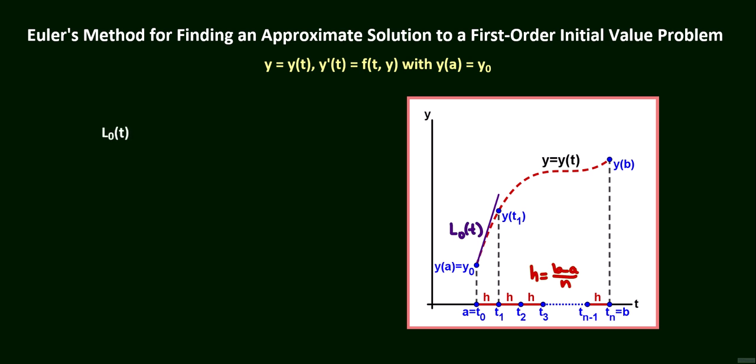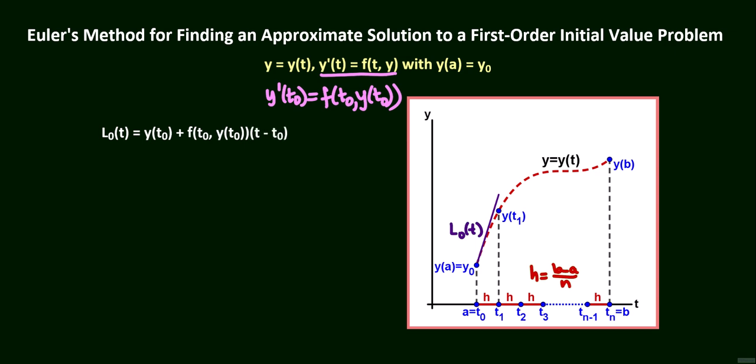L sub 0 of t is equal to y of t sub 0 plus the slope of the tangent line. The slope of the tangent line is y prime evaluated at t sub 0, and this is given by f of t sub 0, y of t sub 0. We multiply this slope by t minus t sub 0.